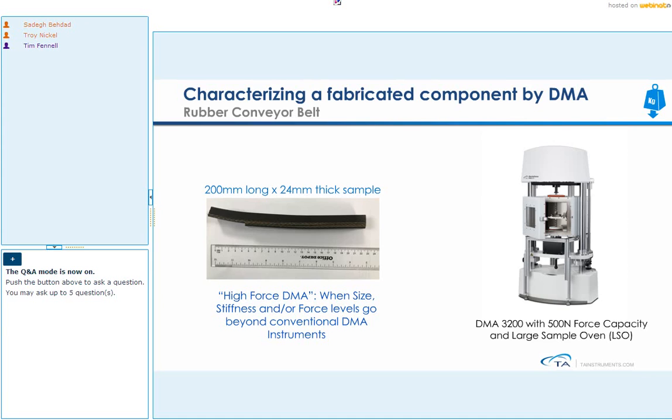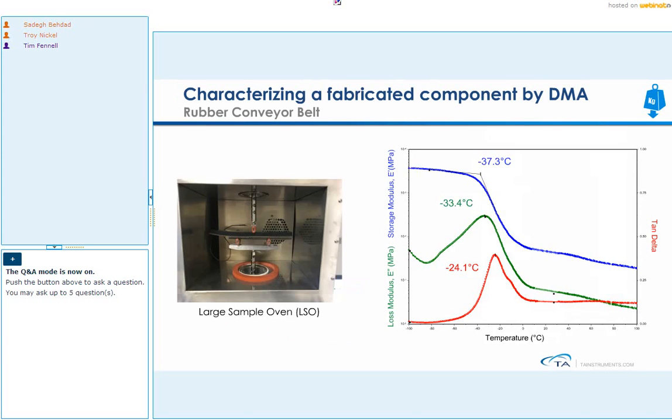So that's why we switched from DMA 850 and thought DMA 3200 is a better choice in this case. So this rubber composite is used on a conveyor belt, and in that application, they wanted to know the changes of the viscoelastic properties with temperature.